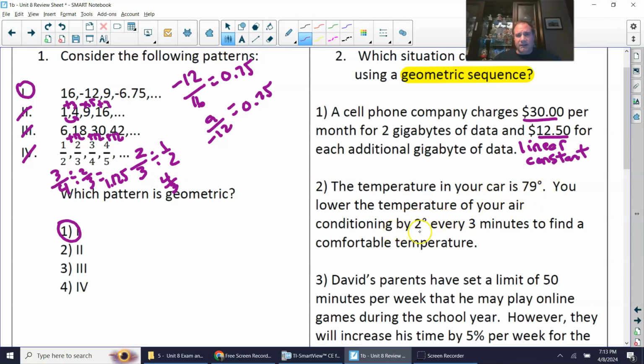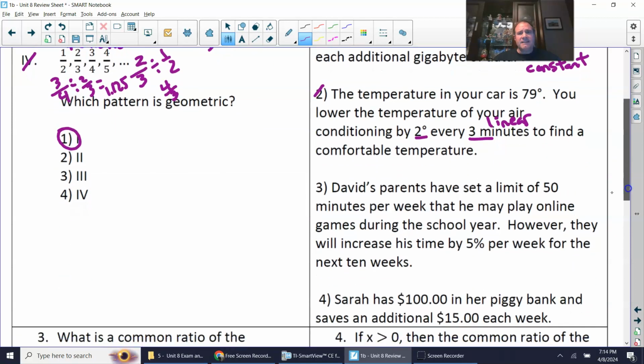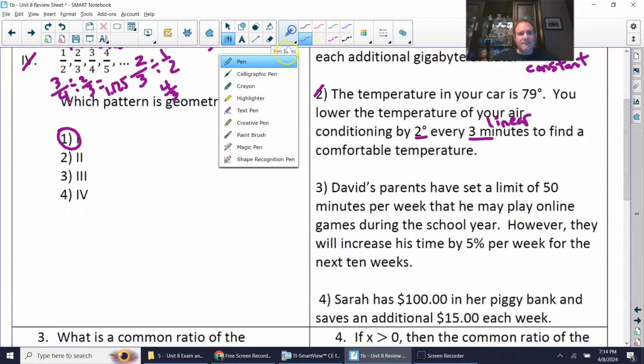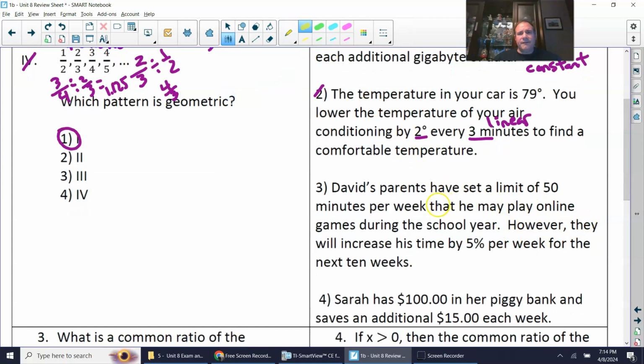You lower the temperature of your air conditioning 2 degrees every 3 minutes. Linear. That's constant. Every 3 minutes that happens, same amount. David's parents have set a limit, 50 minutes per week. He may play online. However, they will increase his time by 5% per week. There you go. Keyword.